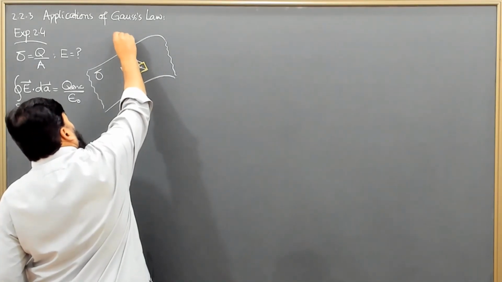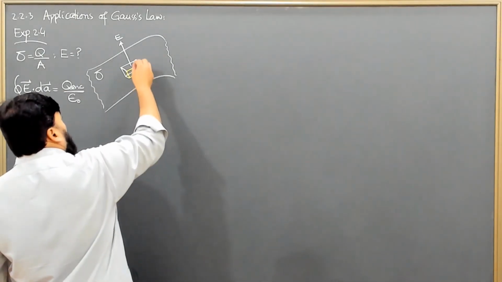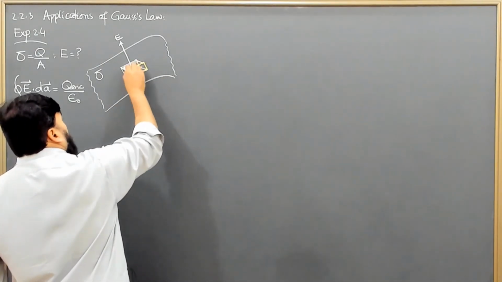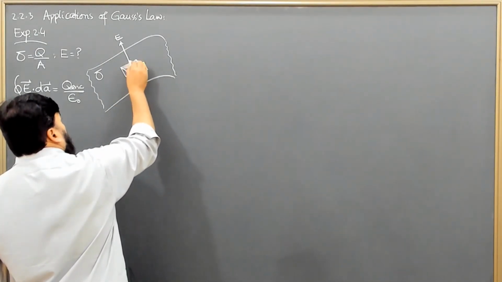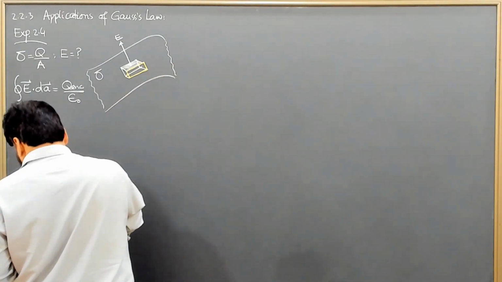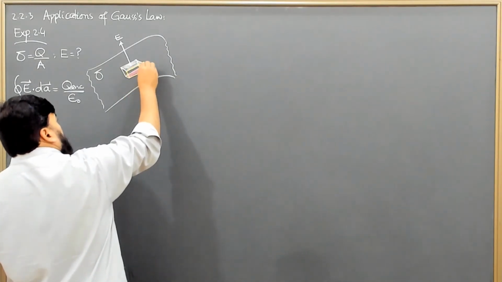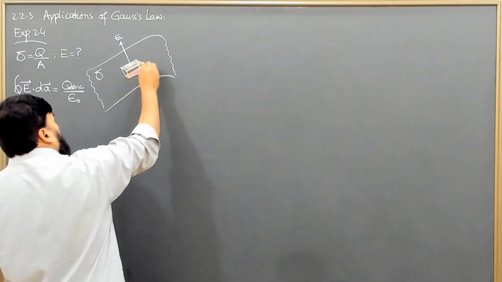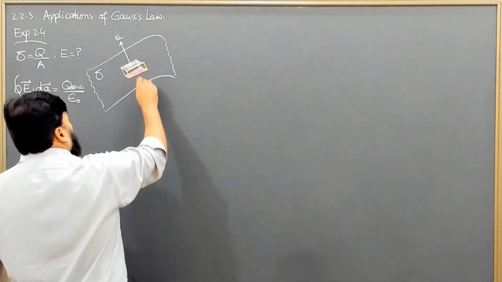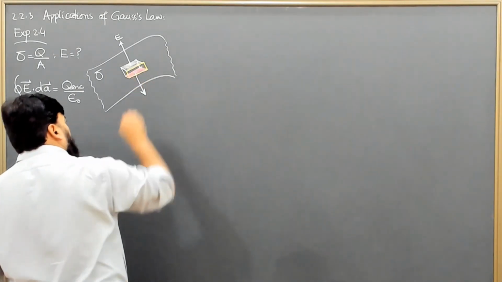This is the electric field here, and this is the portion of the box just above the sheet, and this is the portion of the box just below the sheet, and the electric field is in this direction.